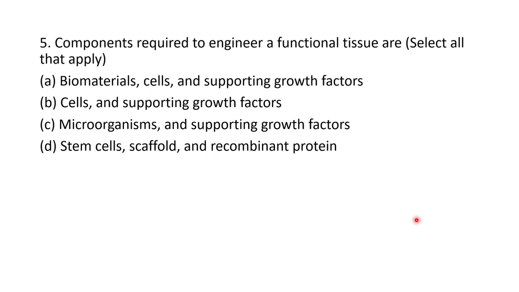So let's move on to the next question. What are the components required to engineer a functional tissue? Given below are some options, among which you have to select the two options that contain the components that are required essentially to engineer a functional tissue. So what might be the two options?